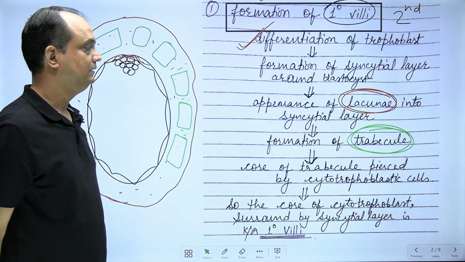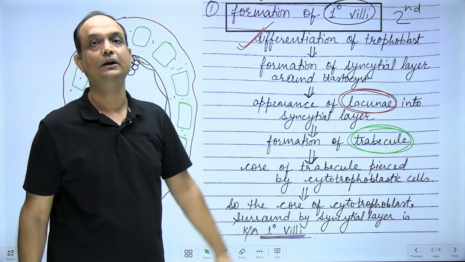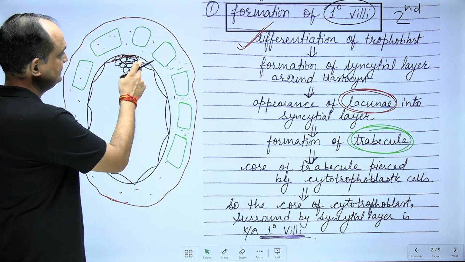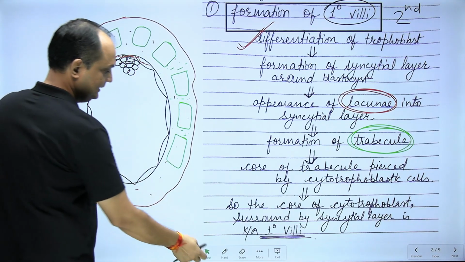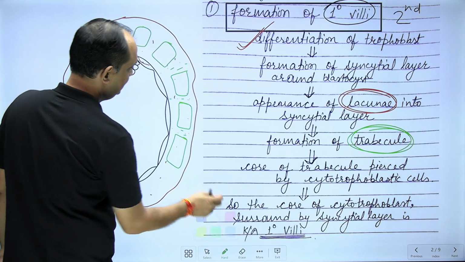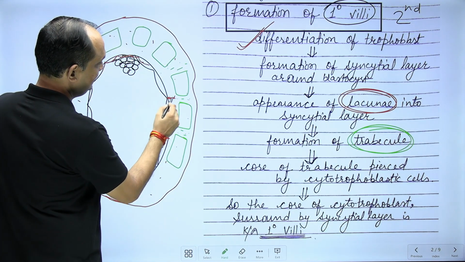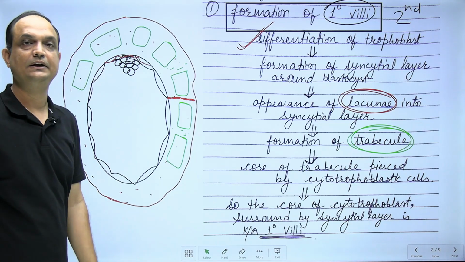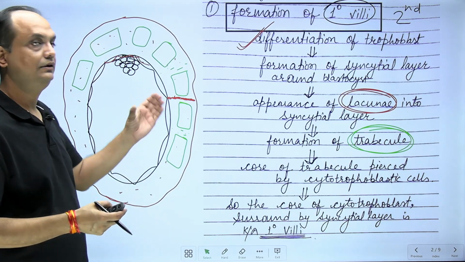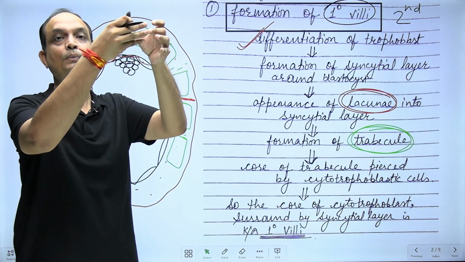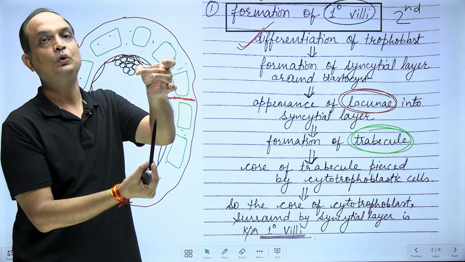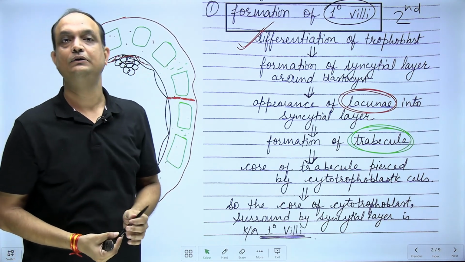Now, the core of the trabeculae is pierced by the cytotrophoblast. These cytotrophoblastic cells start to pierce and migrate inside the center of the trabeculae. So, the pillar which was initially purely made up of syncytial layer now has one more layer in the center, and that is your cytotrophoblast.